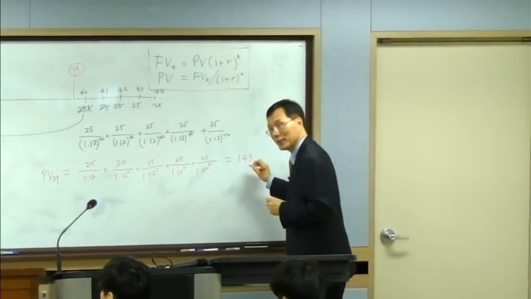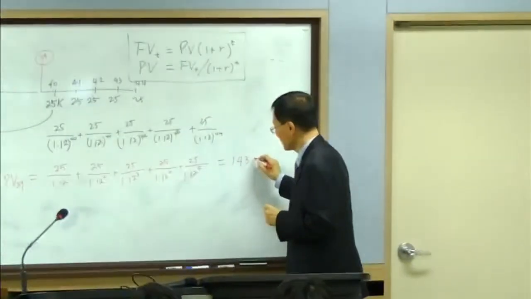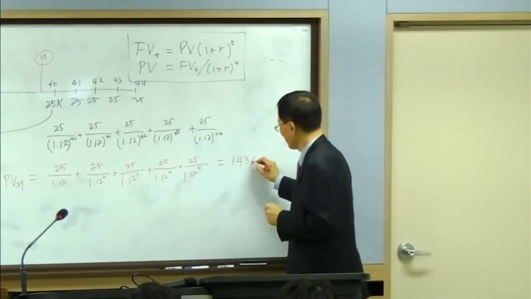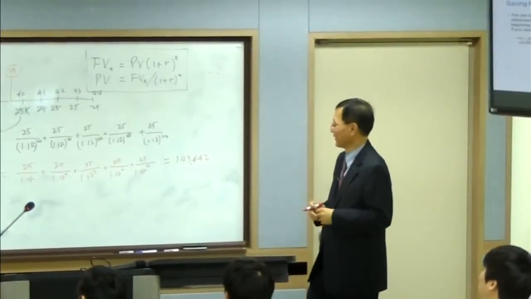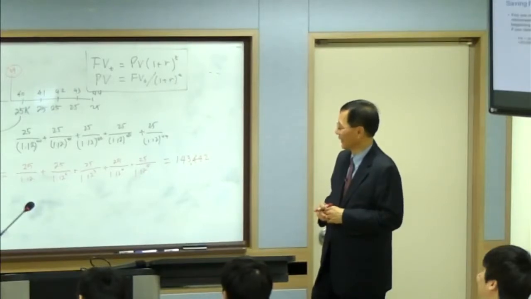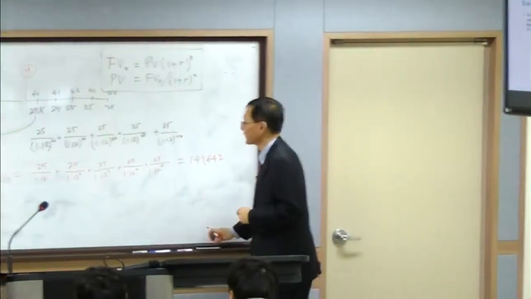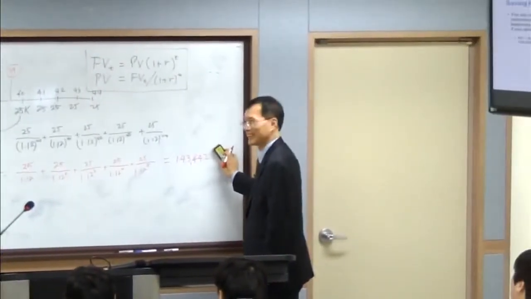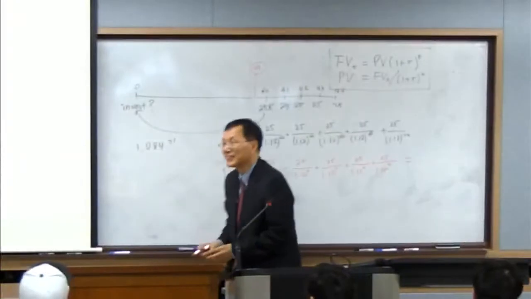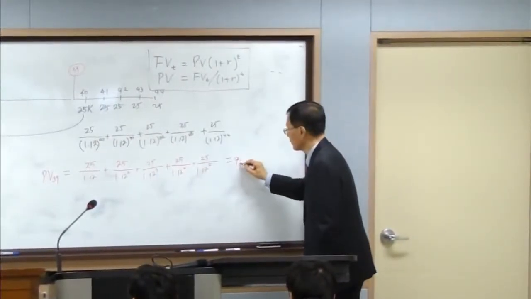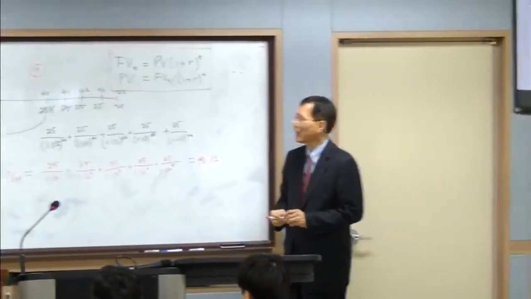Uh, 143. 143, 442. Okay. Let's suppose that this is right. No, it doesn't look right. It can't be right. 90 something is right. Okay, tell me. 90.119. 90.12. Okay.